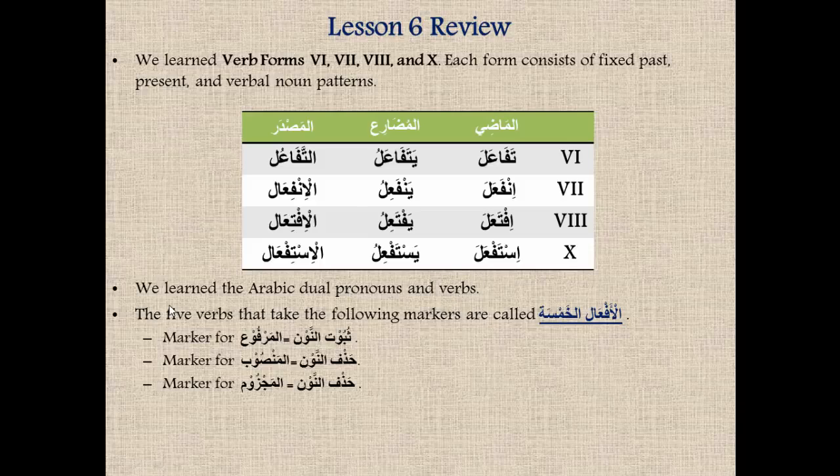And finally, we learned that the five verbs that take the following markers are called al-af'al al-khamsa. So those are the verbs conjugated for hum, antum, anti, huma, and antuma. Their shared markers revolve around the noon in the marfu', that is thubut an-noon, the presence of the noon, and in the mansub and the majzoom, the marker will be hadf an-noon, dropping the noon.